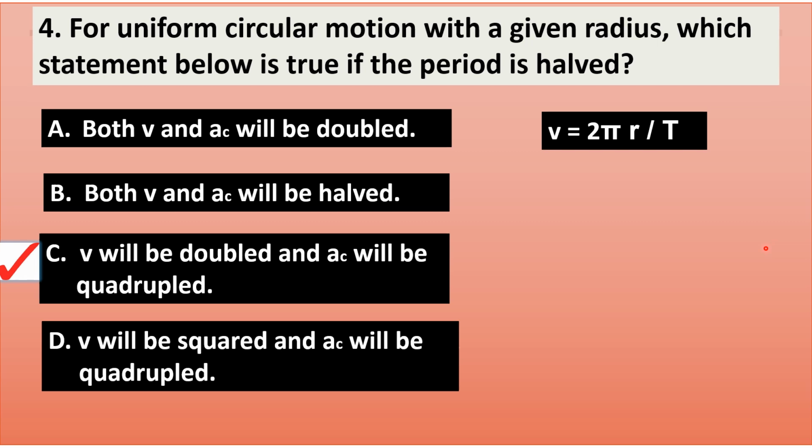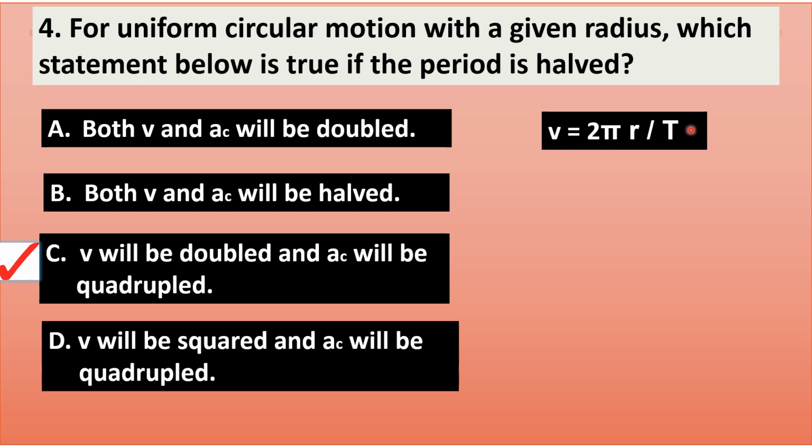Recall that the formula for tangential velocity is 2 pi times r divided by the period capital T. So, in the problem, it is the period that you're going to change. You're going to divide it by 2, or halve. So, in the formula, if capital T is halved, then what is the effect of that to the tangential velocity?